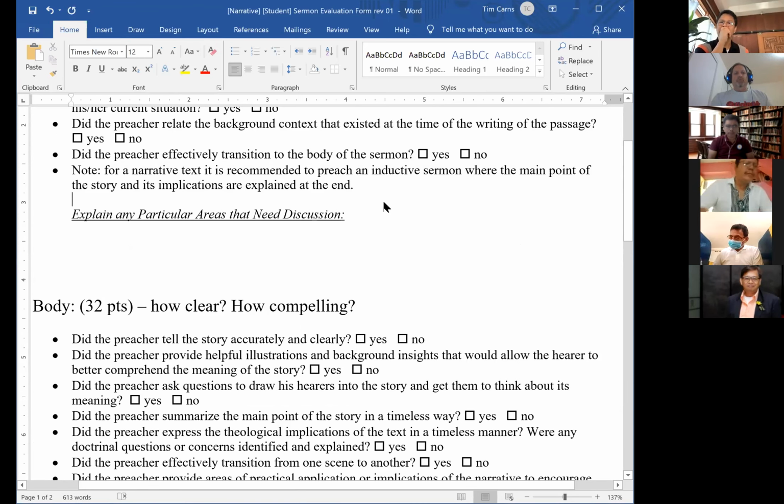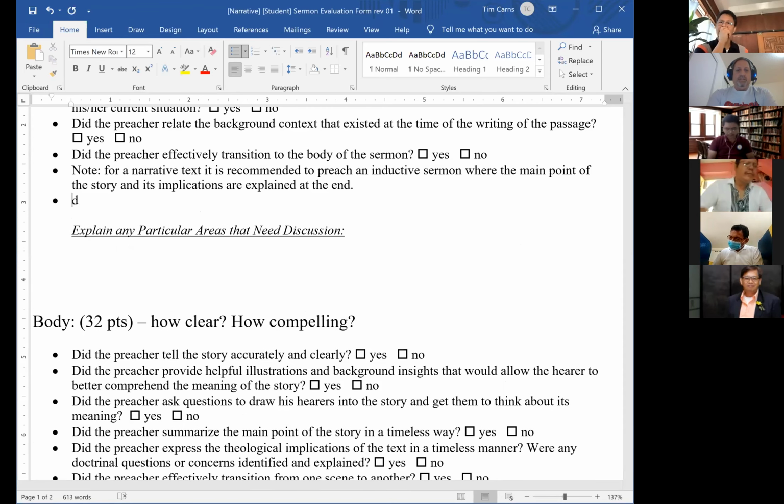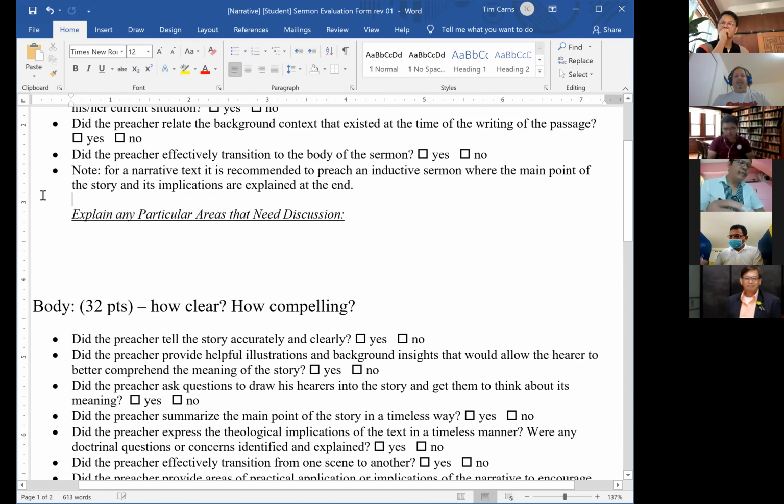For an epistle, normally we would have a point here that would say, did the preacher give the main point of his sermon? Okay. That's with the epistle. We don't have that here for the narrative, because in a narrative, if you preach it inductively, you won't state your main point at the beginning.